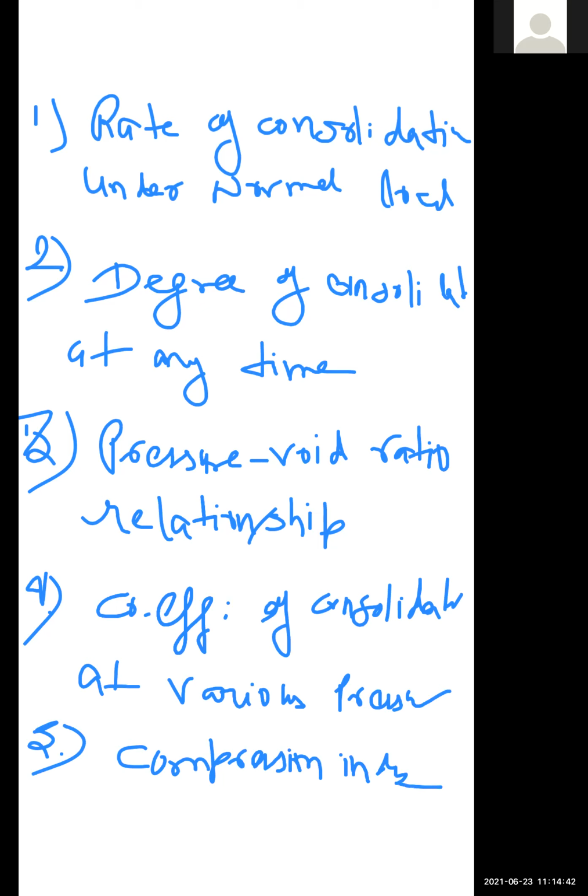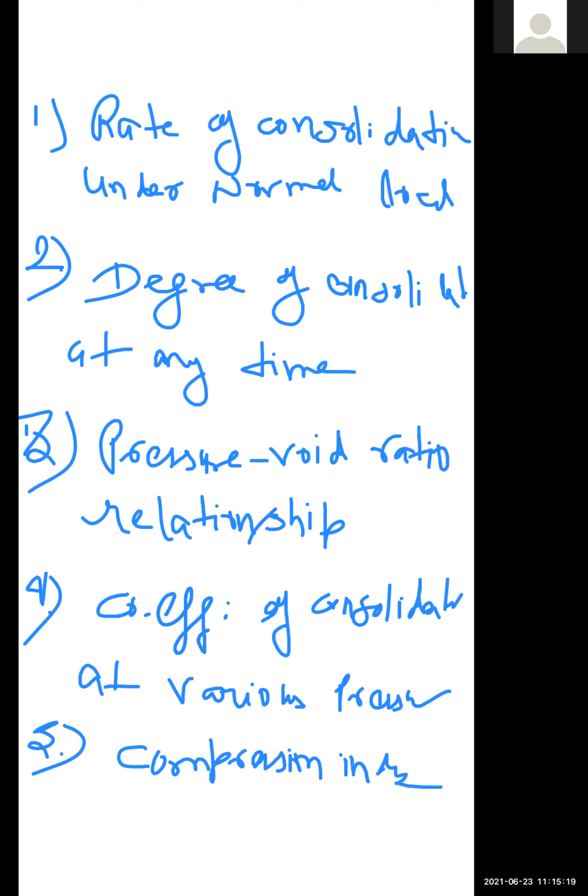So this test is conducted to determine the settlement due to primary consolidation and to determine the above. From this information, it is possible for us to predict the time rate and extent of settlement of a structure founded on fine-grained soil, and it is also helpful in analyzing the stress history of soil.